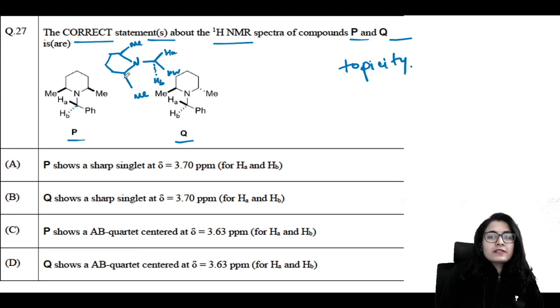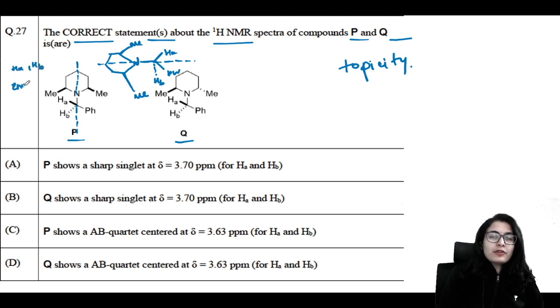Since both the methyls are above, you can draw a sigma plane of symmetry in between this molecule, cutting right from here. A sigma plane of symmetry is present in this molecule if you're writing both the HA and HB on the opposite side. Okay, so since this molecule has a sigma plane of symmetry, HA and HB, what are they?